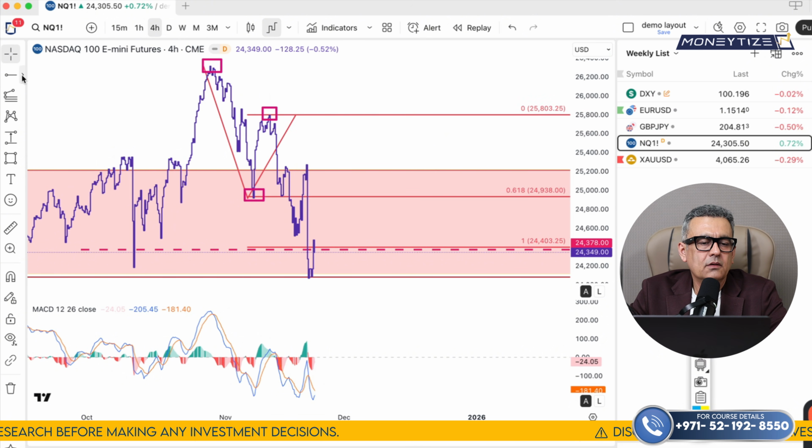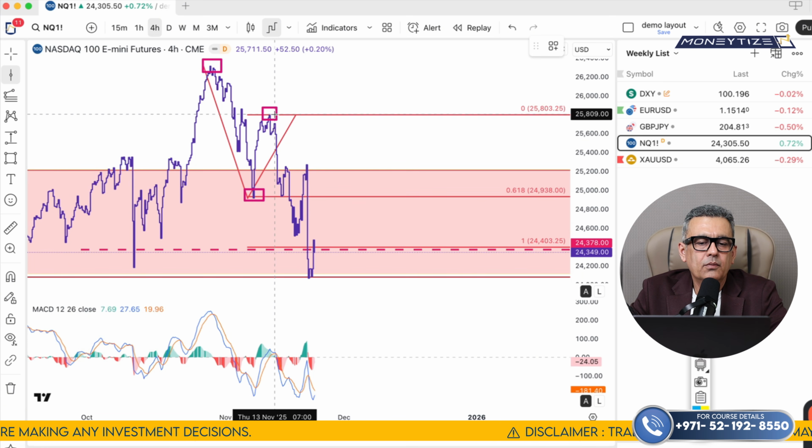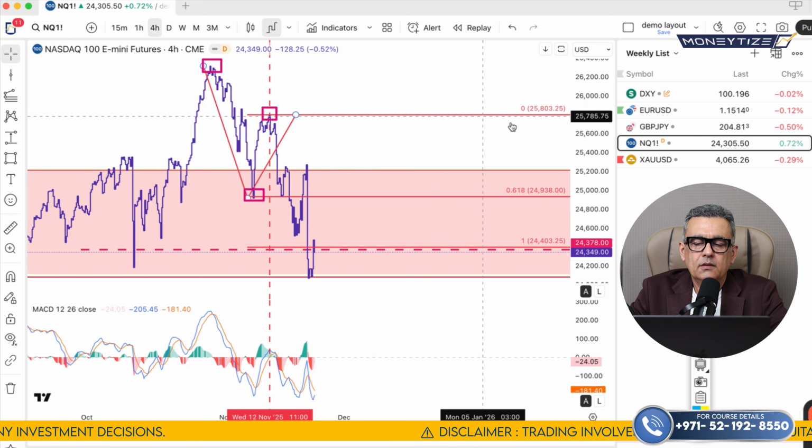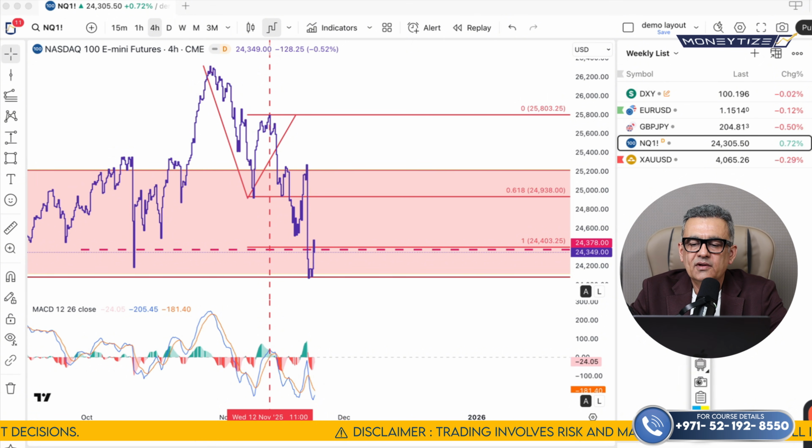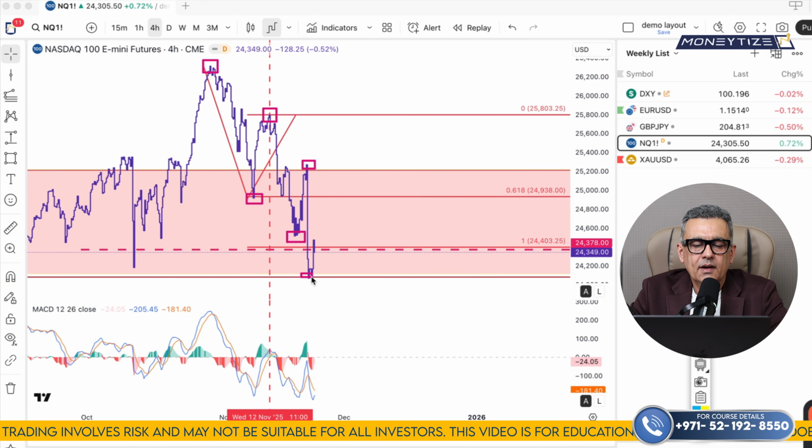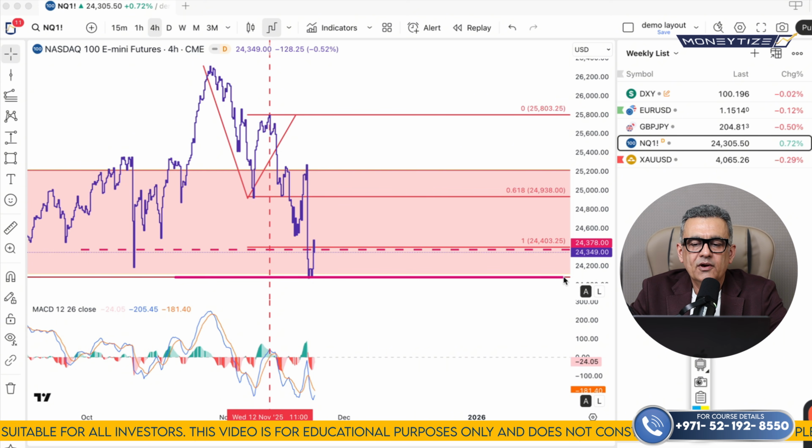And I'll be using the vertical line on point C here. That's it. So it is creating a sequence of high, lower high, and a lower high. It is creating a sequence of low, lower low, and a lower low.